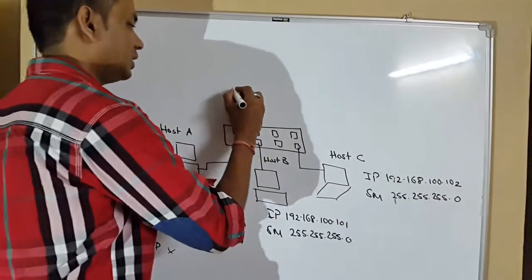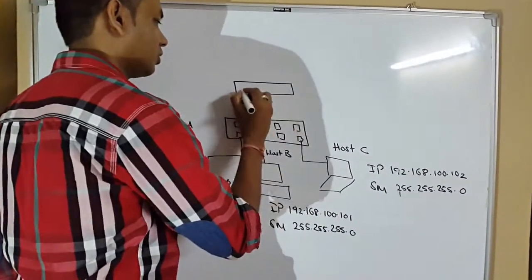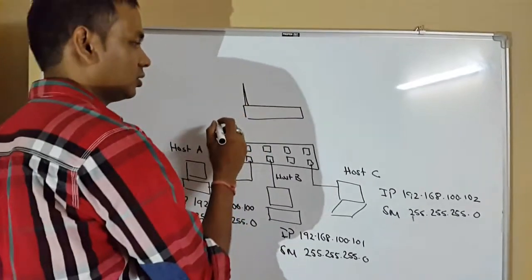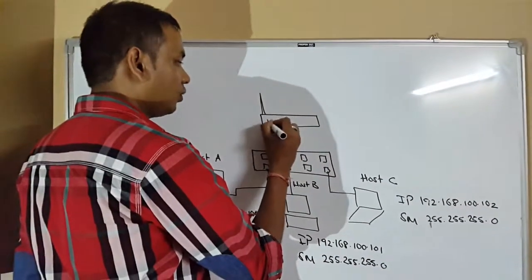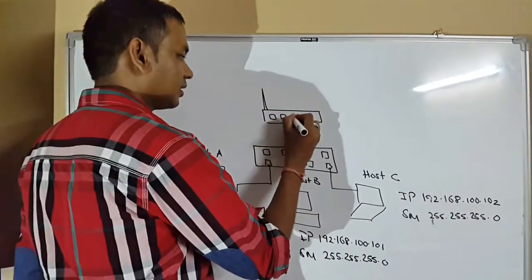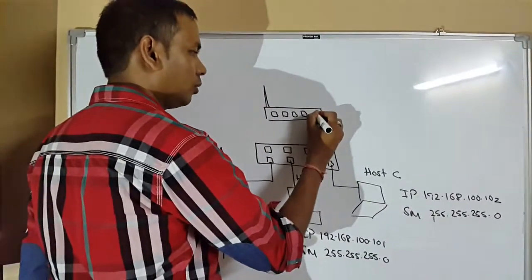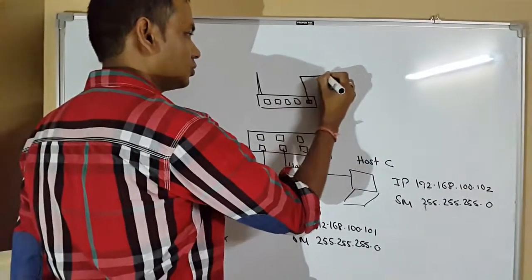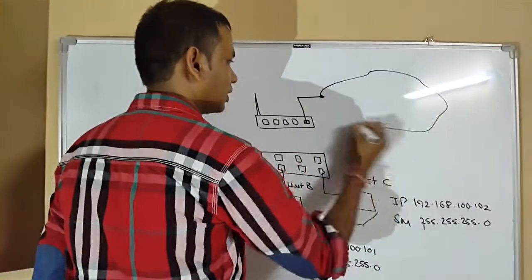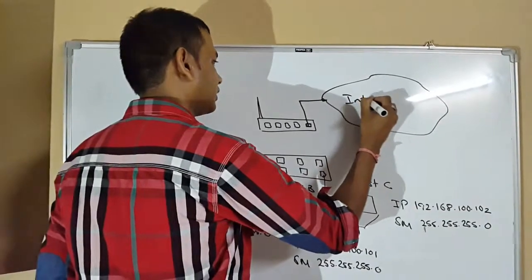Basically, the default gateway is a small router, like I mentioned in my previous video. It has ports and a smaller port for the phone line, and the phone line connects to the internet.